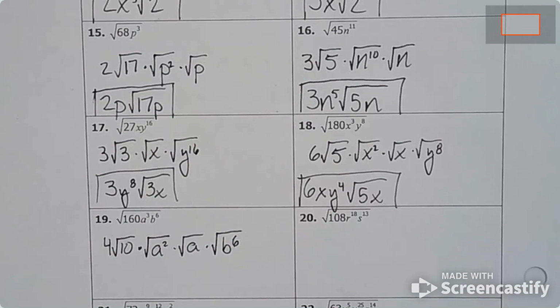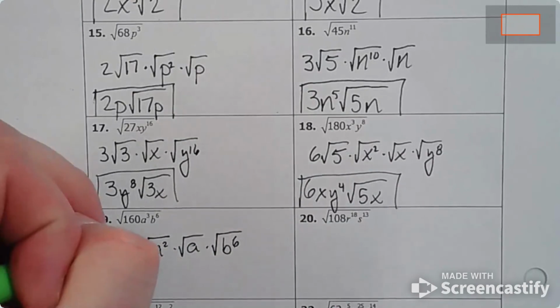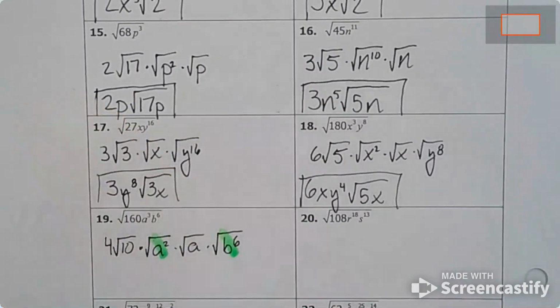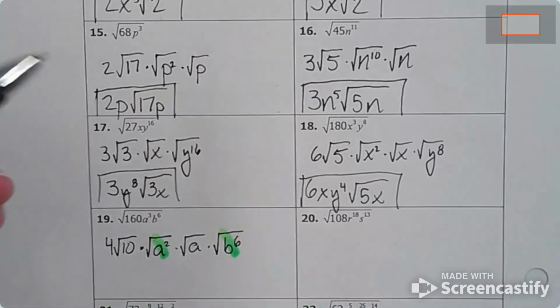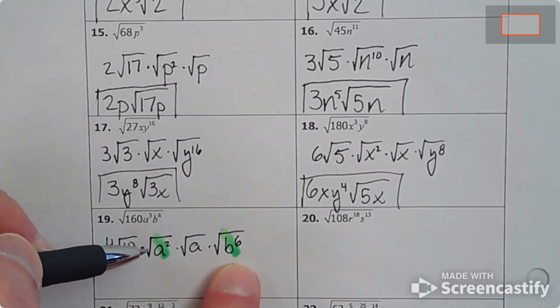So there's all that. If you want to, make some notes about what you can square root and what you can't. You can use a highlighter to highlight the things that you can square root, like the square root of a squared, the square root of b to the 6th. Any way you want to prioritize that, or if there are things visually that help you out, feel free to do those things. So I can square root a squared. I can square root b to the 6th.